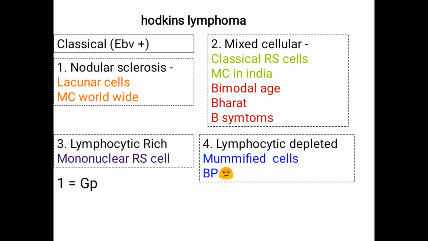Remember, lymphocytic rich is very rich and very happy and has good prognosis, while lymphocytic depleted has bad prognosis, and the cells which we see are called mummified cells or atypical histiocytes. They are also called Hodgkin's cells. It is very important to remember that in Hodgkin's lymphoma, Hodgkin's cell is seen only in the depleted one, and this is also most commonly associated with HIV. It is easy to understand, since lymphocytes are depleted, the risk of infection is high.